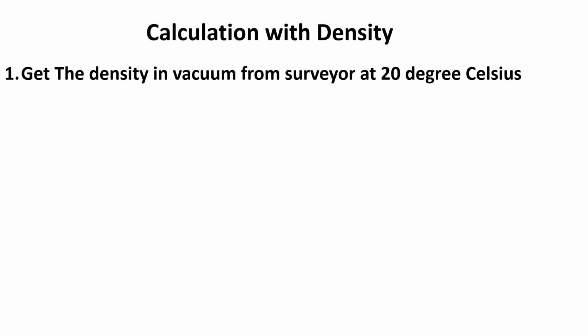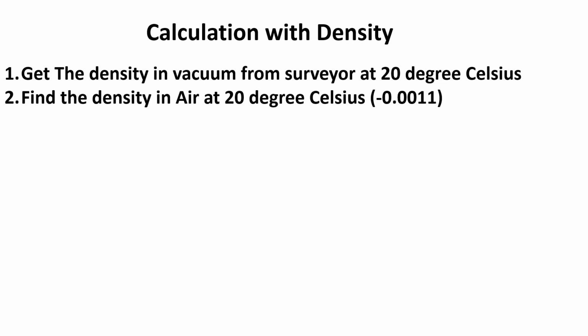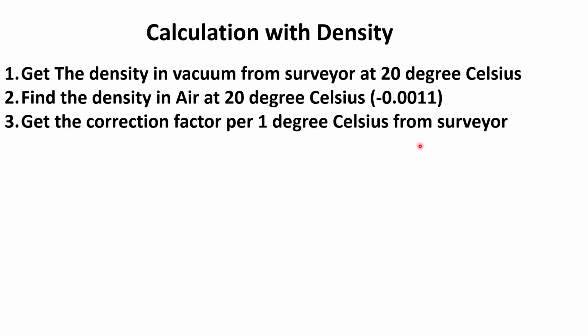The first thing is that you need to get the density of the cargo in vacuum from the surveyor at 20 degrees Celsius, right? Once they give you that, you need to find the density of the cargo in air at 20 degrees Celsius. How do you get it? You just subtract 0.0011.